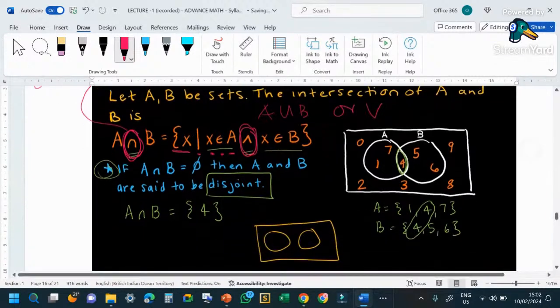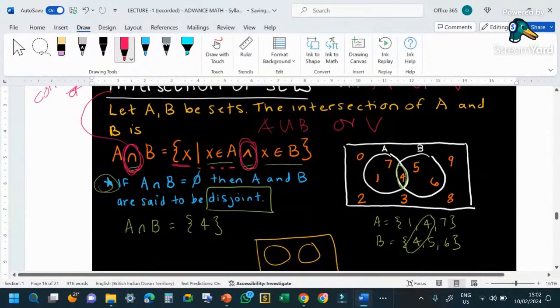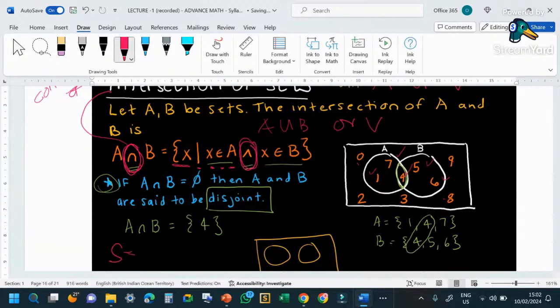Okay, so let's plot them again. So we have 1, 4, 7 for A, 4, 5, 6 for B, and all the other numbers will be around. Say this is a set of all x's such that x is a natural number and x is 0, 1 to 9, so x will be less than or equal to 9.